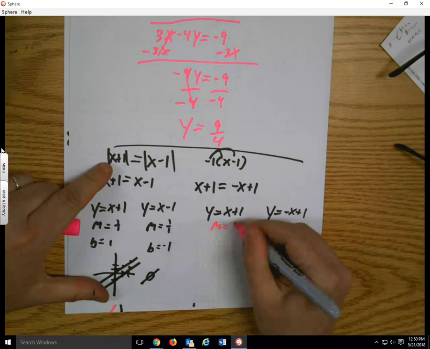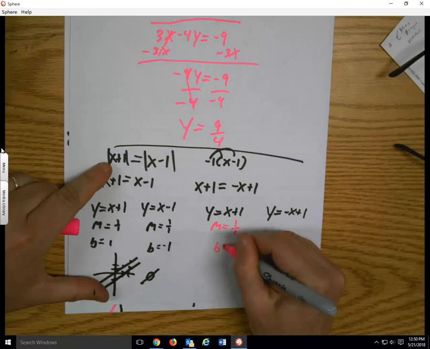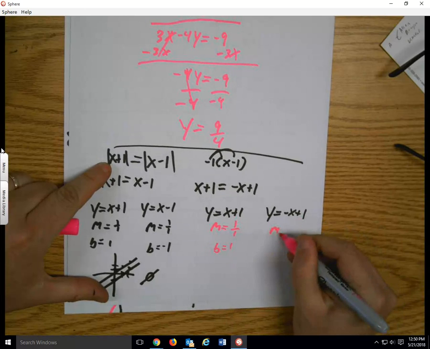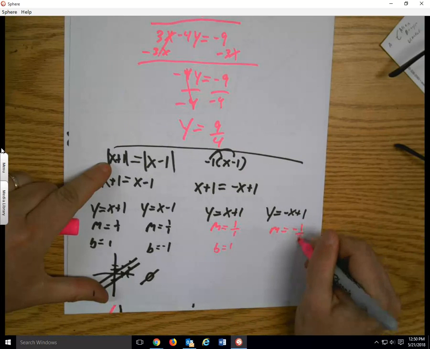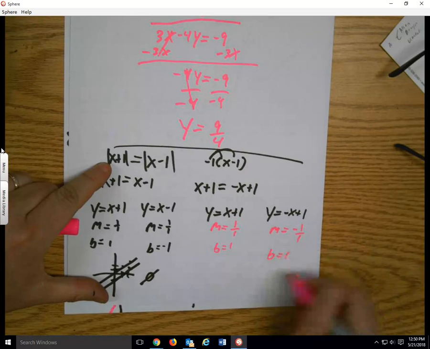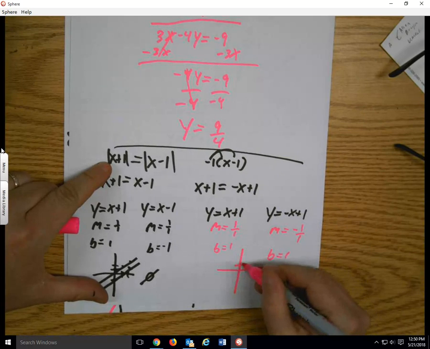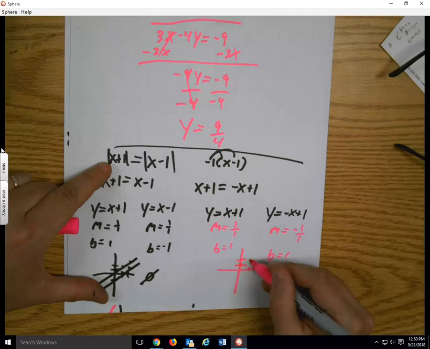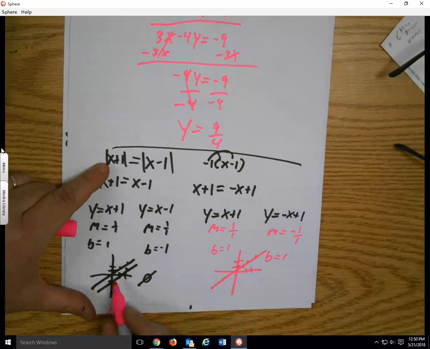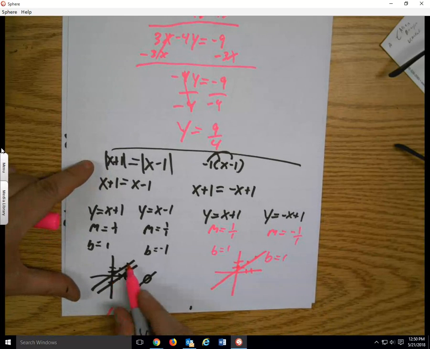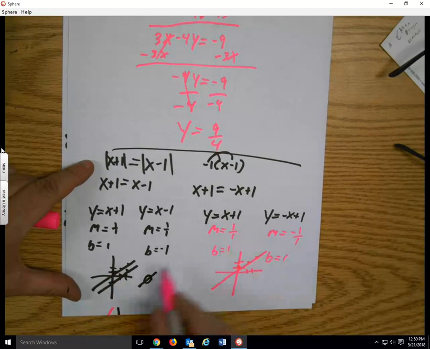The m equals 1 over 1. The b equals 1. The m equals a negative 1 over 1. And the b equals 1. You just have to graph it. The b is a 1. You're going to rise 1 over 1. Rise 1 over 1. It's going to look something like this. It should be very much like this one that we just did because they're the same thing.